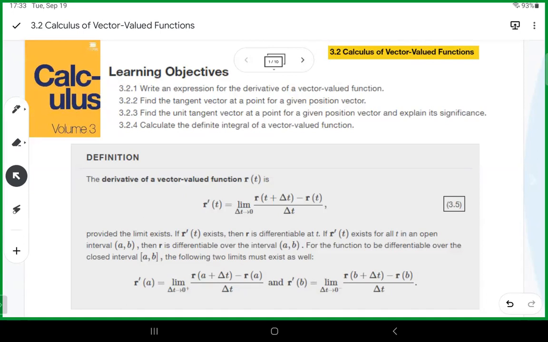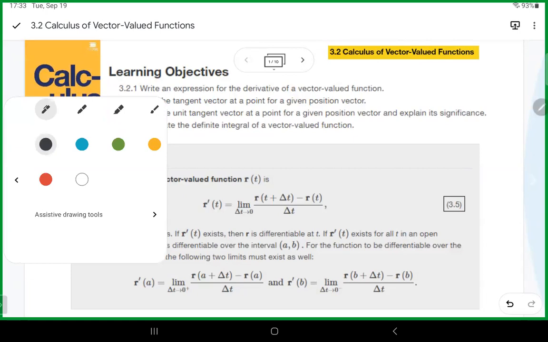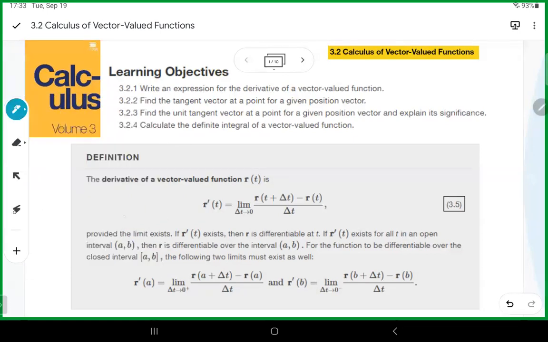Those of you that take handwritten notes, I would recommend, if nothing else, to write down your definition. At least this part would be important. And then if you feel so inclined, you could write this part.